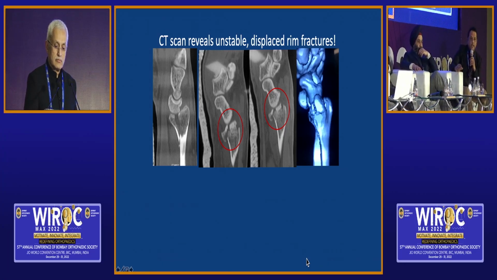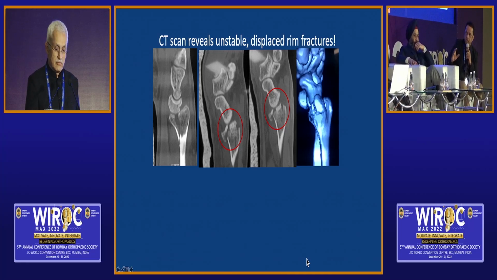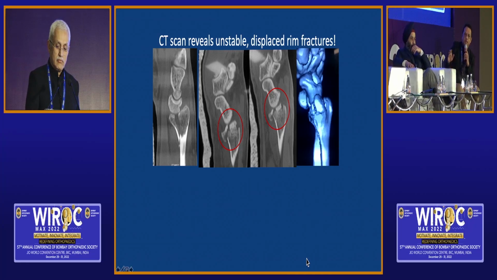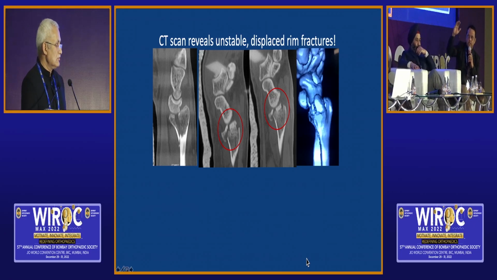It is definitely not the Barton's fracture. So we need to make sure that we differentiate between these two things. And this is very slimy for all the orthopedic surgeons, where once you miss, within 2-3 months, the patient comes with a bad collapse, right?